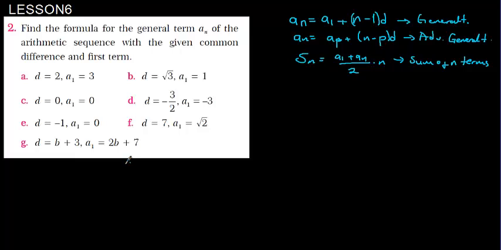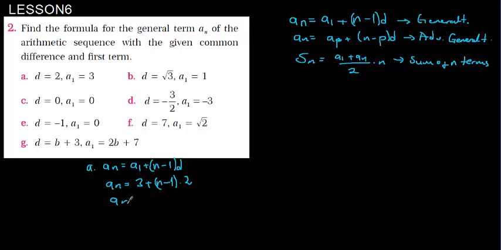If we solve the first question with respect to this information, an is equal to a1 plus n minus 1 times d, and we are going to find the general term formula. Here an is equal to a1, which is given as 3, plus n minus 1 times the common difference d. d is given, it is 2.